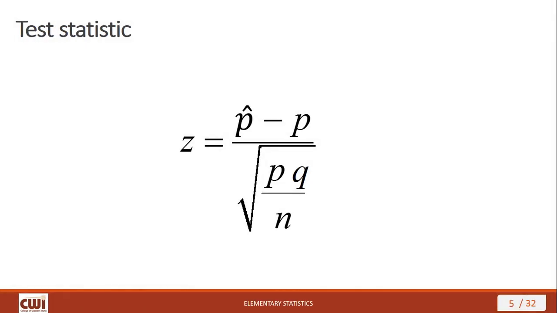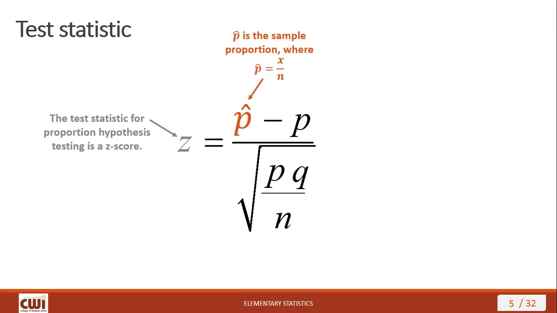Let's review the test statistic. We went over this in the last lecture, but let's just go over each part of the test statistic to make sure that we understand what it is that's going in to calculating the z-score for our test statistic. So first we have z, which is the test statistic. The test statistic itself is a z-score. Next we have p hat, which is the sample proportion. So we have a certain random variable x divided by the sample size n.